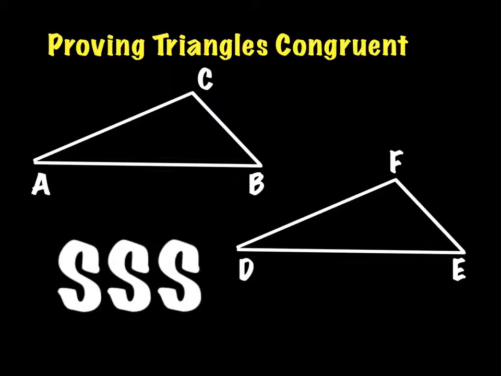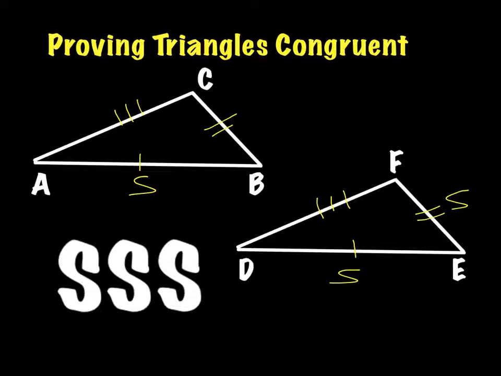In order to prove that 2 triangles are congruent, that they're the same shape and the same size, we don't need to actually find a single angle. As long as we know that there are 3 sides of one triangle that match up with 3 sides of another triangle, we'll have enough information.